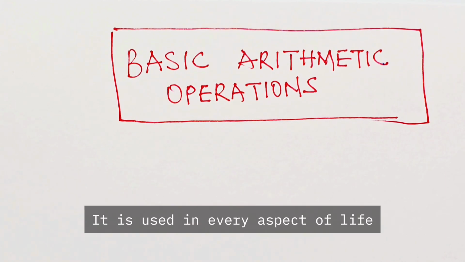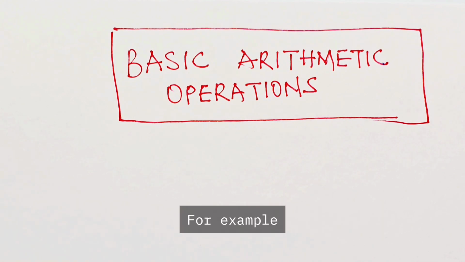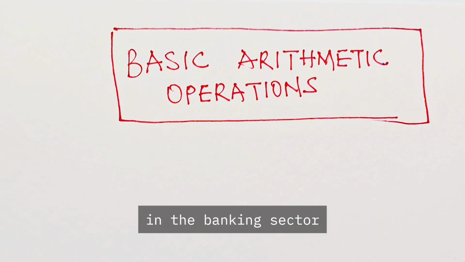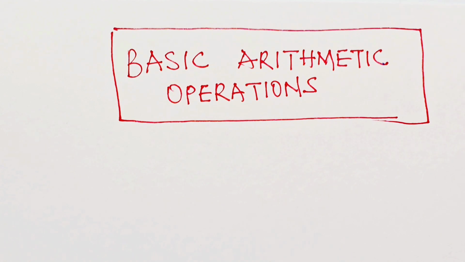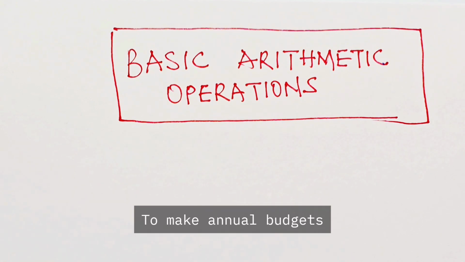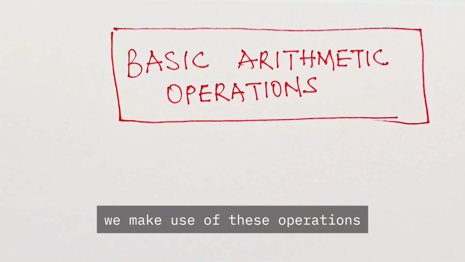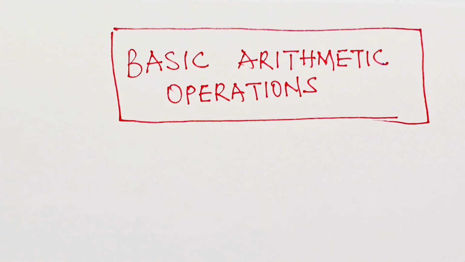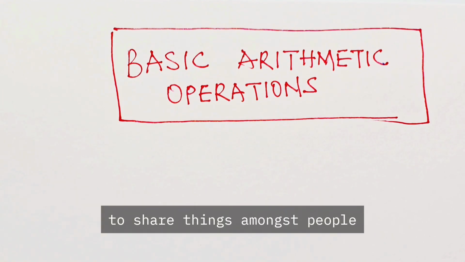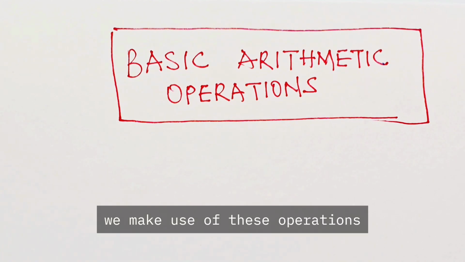It is used in every aspect of life. For example, in the banking sector, to make annual budgets, we make use of these operations. Also, to share things amongst people, we make use of these operations.